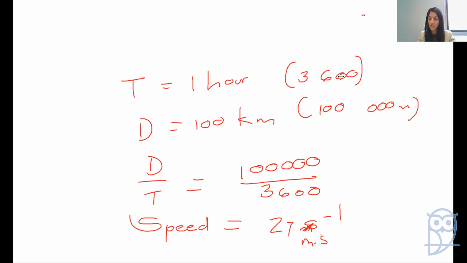So the steeper the slope or gradient, the faster the object is moving. A straight line, which has a constant gradient, shows that it's traveling at a constant speed. If a graph has a horizontal line, then the object is not covering any distance and it is remaining stationary.